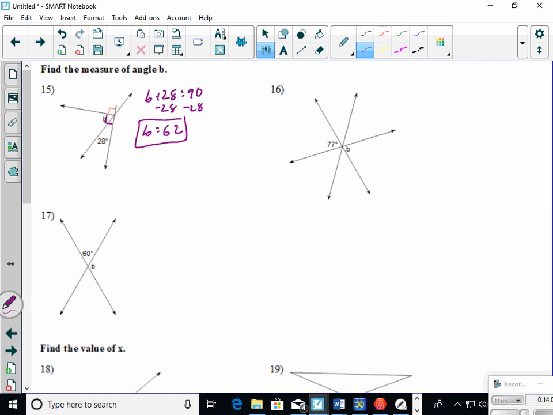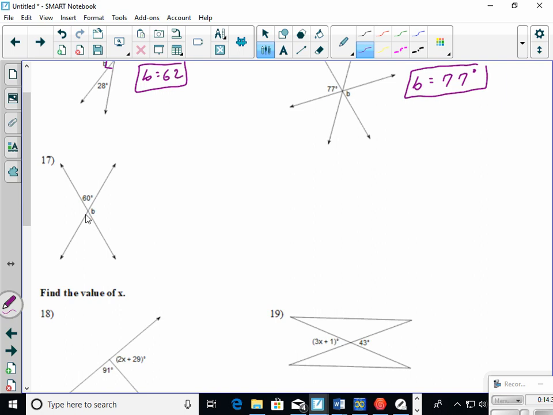16. This is a set of vertical angles. And we learned that when we have a set of vertical angles, they are congruent to each other. So B is going to be the same as the angle that's straight across from, which is 77 degrees. Then 17.